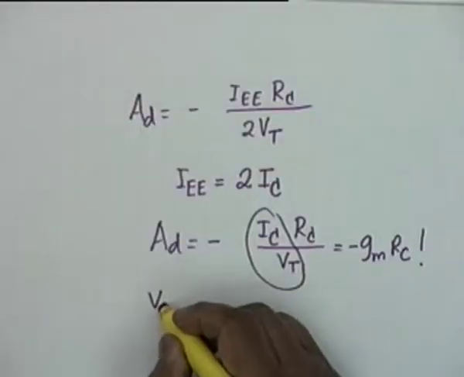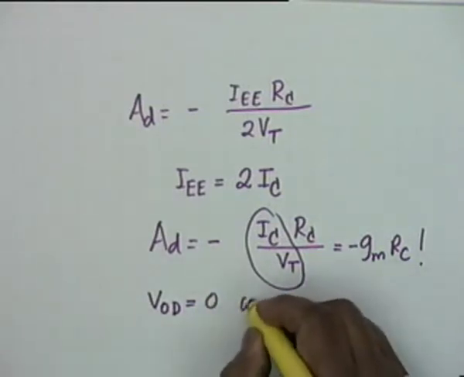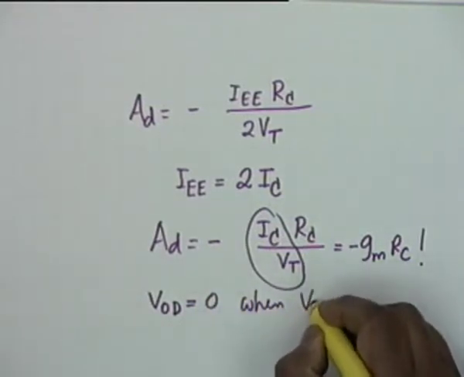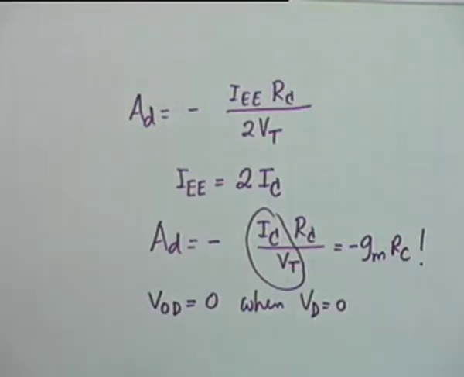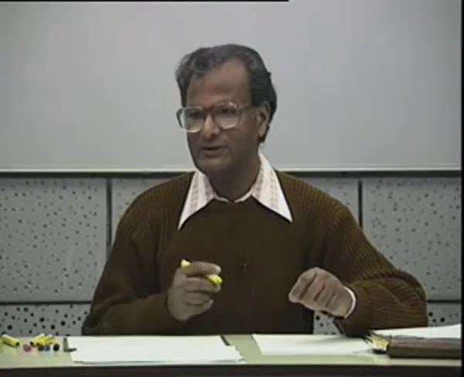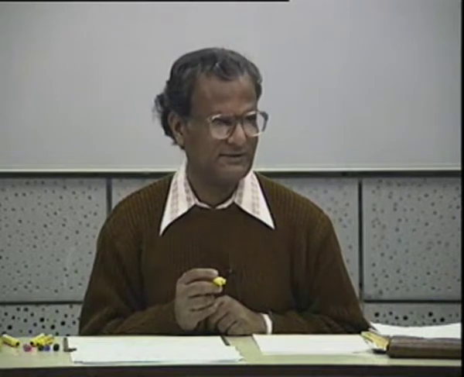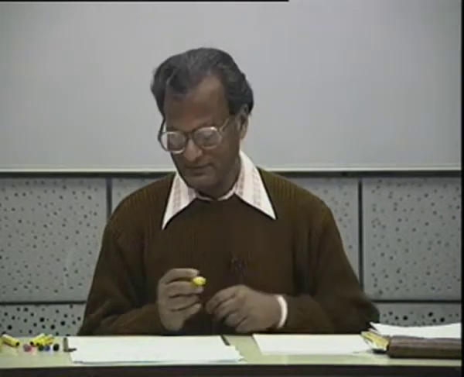What we have gained is the following fact, that VOD equal to 0 when VD equal to 0. What does this mean? It means that when there is no signal, there is no voltage difference between the two collectors, which means that the DC offset is 0.